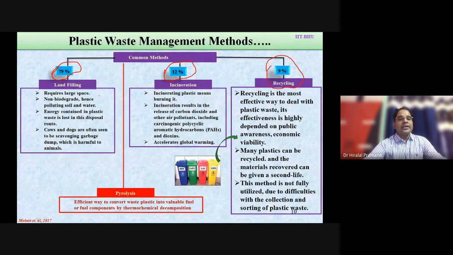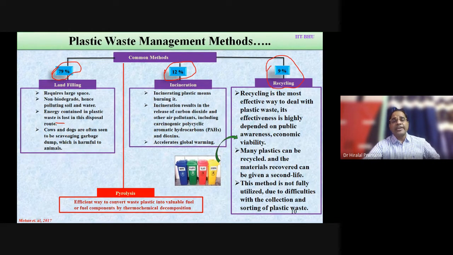Landfilling requires space, is non-biodegradable, and hence pollutes soil and water. Energy content in the plastic is lost when we dispose of it. Many times cows and dogs eat it and it is harmful for them, right? And we have seen many times that animals die when they consume it.